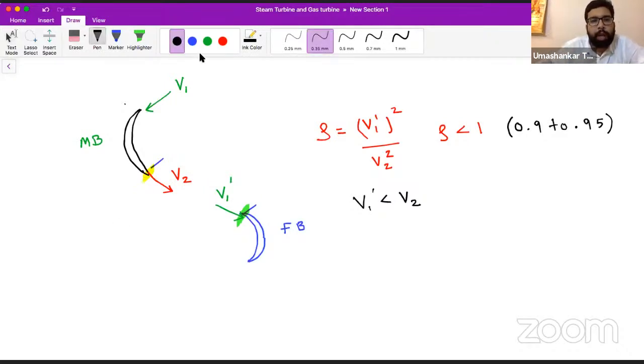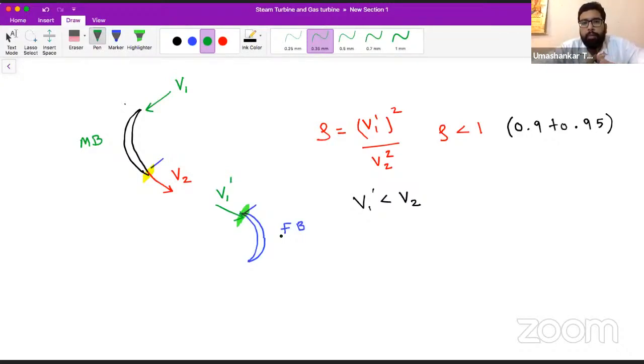But for now, let's say we are using a two-stage Curtis turbine. In a two-stage Curtis turbine, as I have explained, there will be a nozzle, then a moving blade, then a fixed blade, and then a moving blade. As we established in the previous session, there is no point in letting the steam exit from the fixed blade to the surrounding or to the condenser.